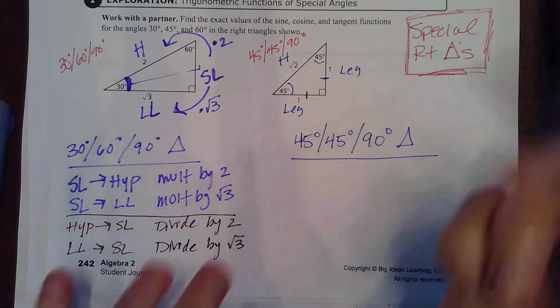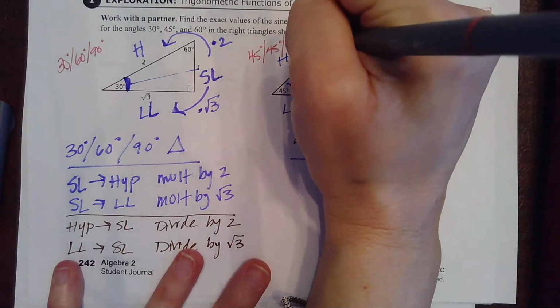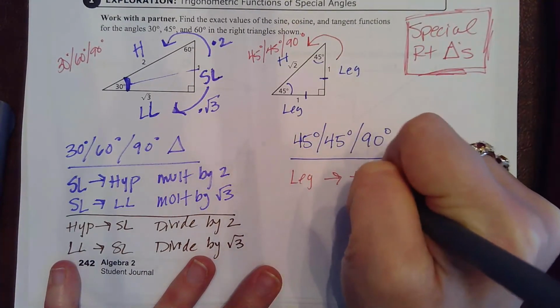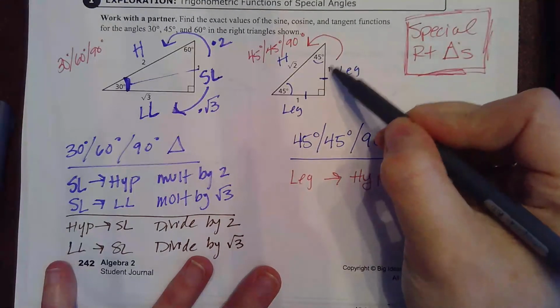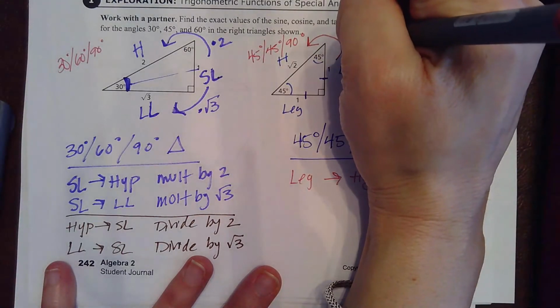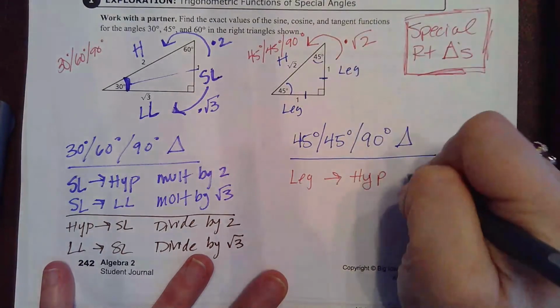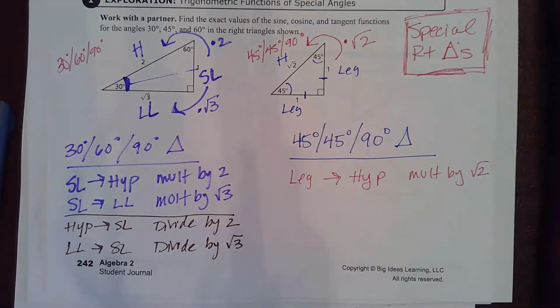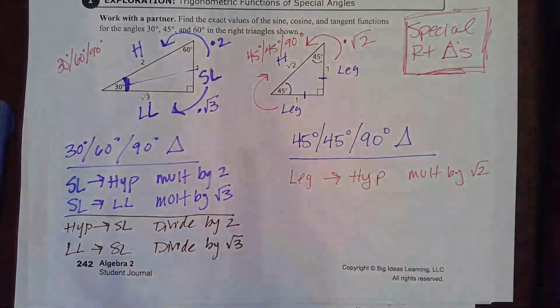All right, so to get from a leg, either one, to the hypotenuse, you would multiply by root 2. So to get from one of the legs, doesn't matter which, to the hypotenuse, you multiply by root 2.